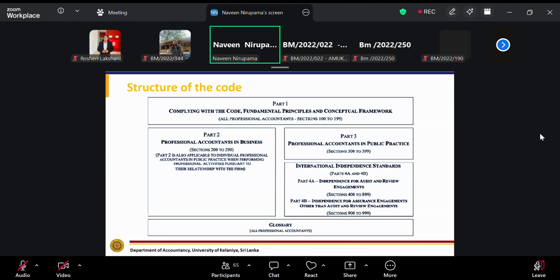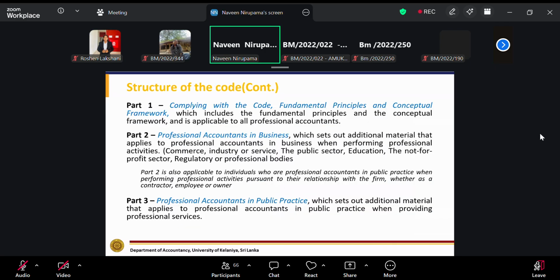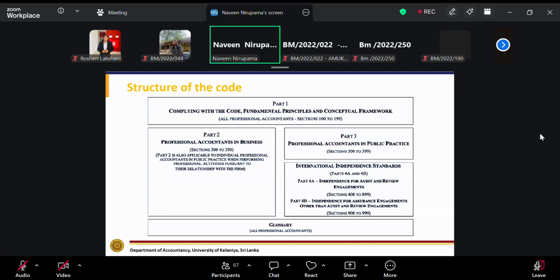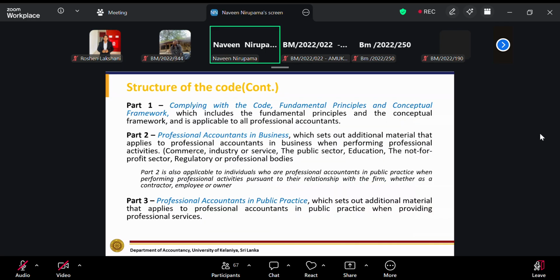You can see here the first part mentioned: complying with the code, fundamental principles and conceptual framework. Part 1 includes the fundamental principles and the conceptual framework and is applicable to all professional accountants. This is the basis for the codes.